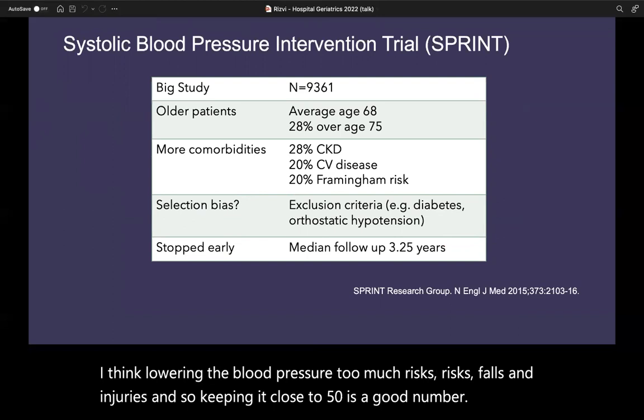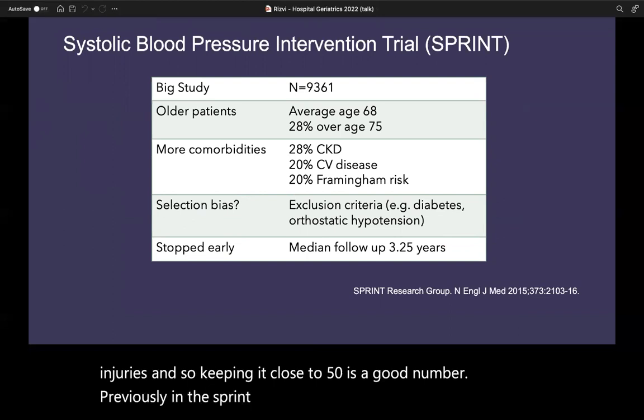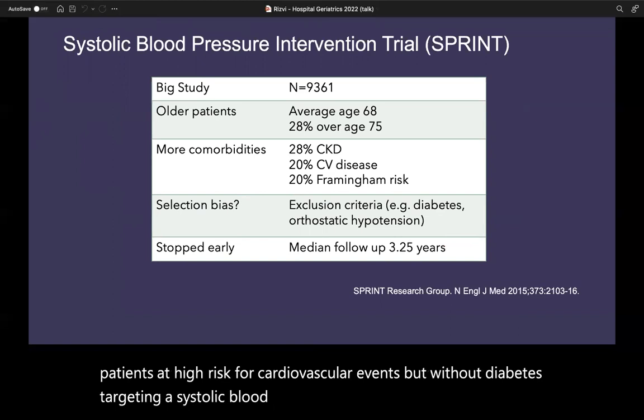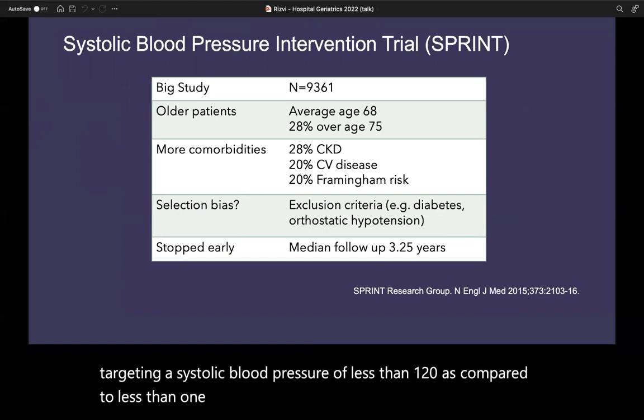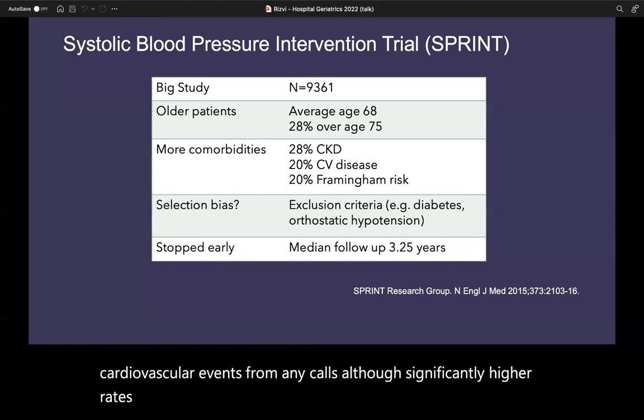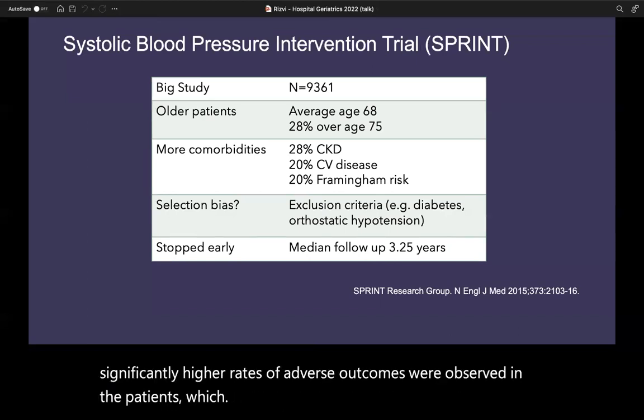Previously in the SPRINT trial, what they concluded is that among patients at high risk for cardiovascular events, but without diabetes, targeting a systolic blood pressure of less than 120 as compared to less than 140 resulted in lower rates of fatal and non-fatal major cardiovascular events from any cause, although significantly higher rates of adverse outcomes were observed in the intensive treatment group.